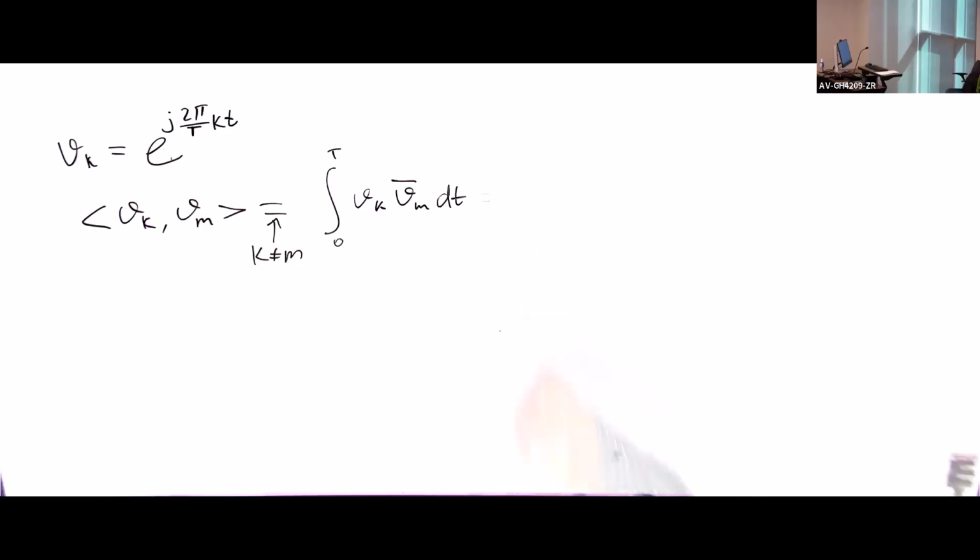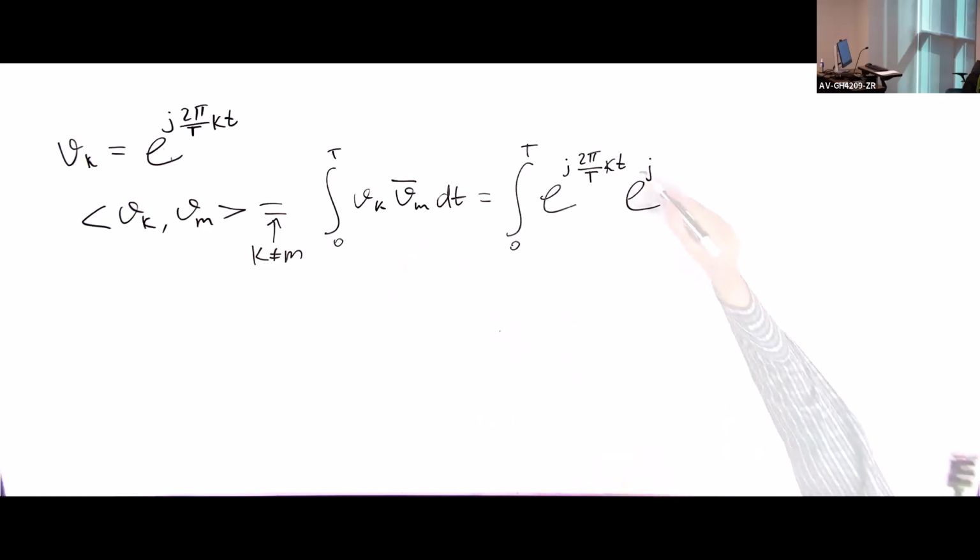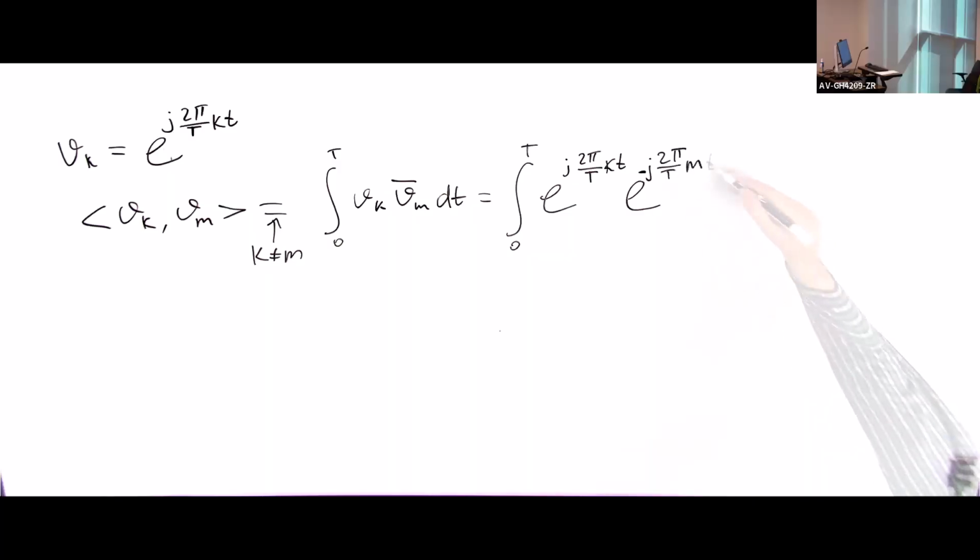So this thing will be the integral from 0 to T of the exponent of j 2 pi divided by T, which is the period of the function, k t, times e, and I'm replacing k with m now. And to get the conjugate, you need to put minus here. This is how you do conjugate in polar coordinates. Same thing, 2 pi divided by T, now it's m t, dt.